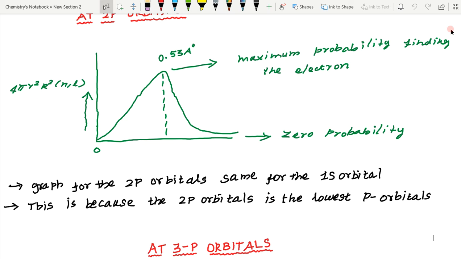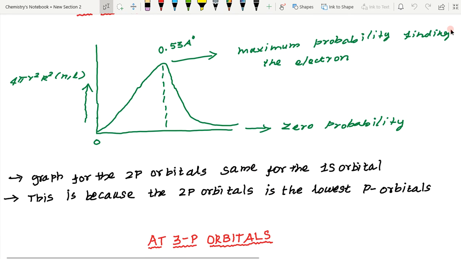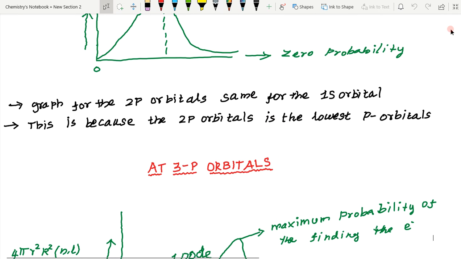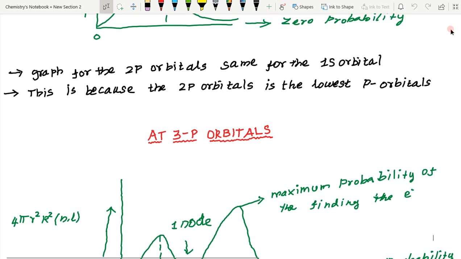Here is the maximum probability of finding the electron. In this graph for the 2p orbitals, it is the same as for the 1s orbitals, so both are the same like this. This is because the 2p orbital is the lowest p orbital.